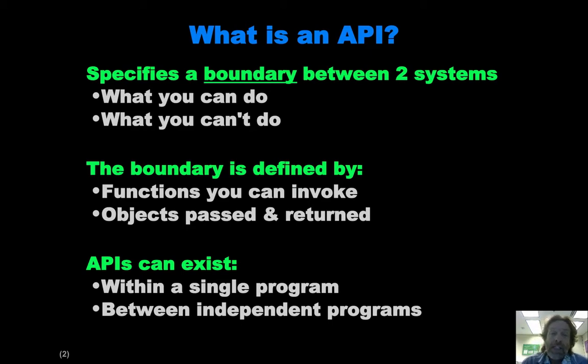So the two key things to think about here with boundaries is that we can have boundaries within a single program, and we can have boundaries between two programs running on the same computer, or even two programs running on separate computers.